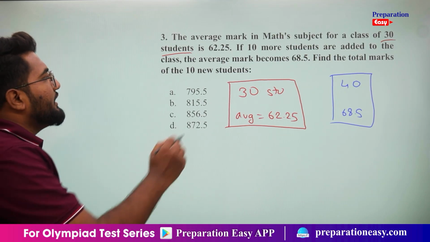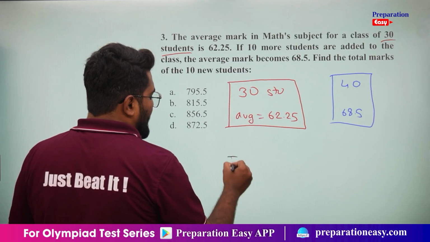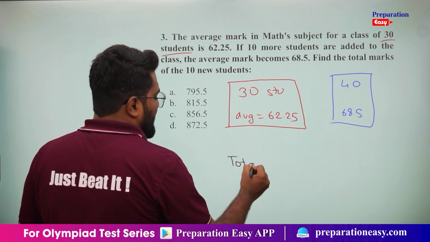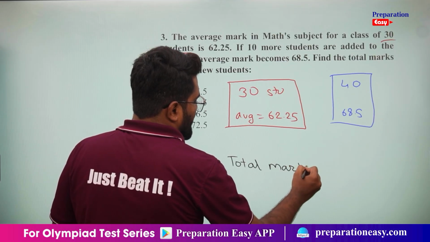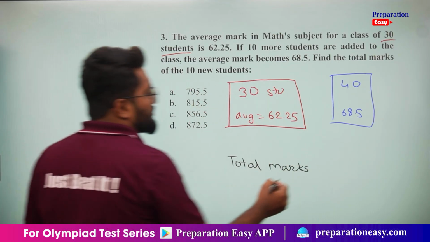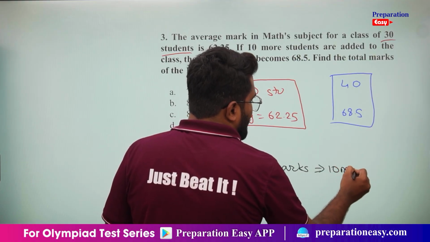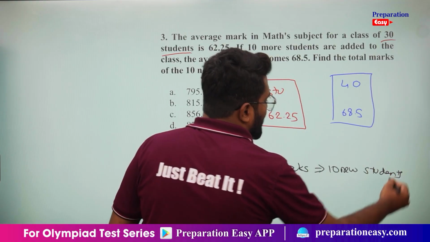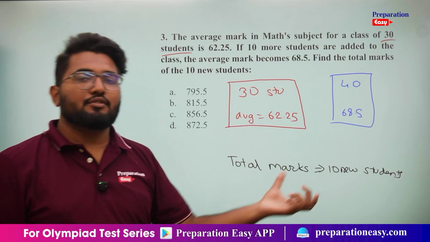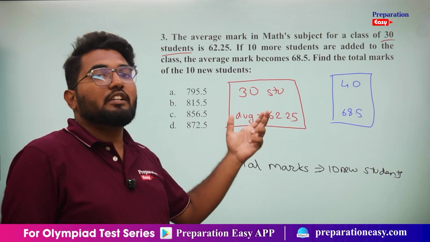What do we have to find? We have to find the total marks of 10 new students. So what we can do first, we can calculate for 30 students.